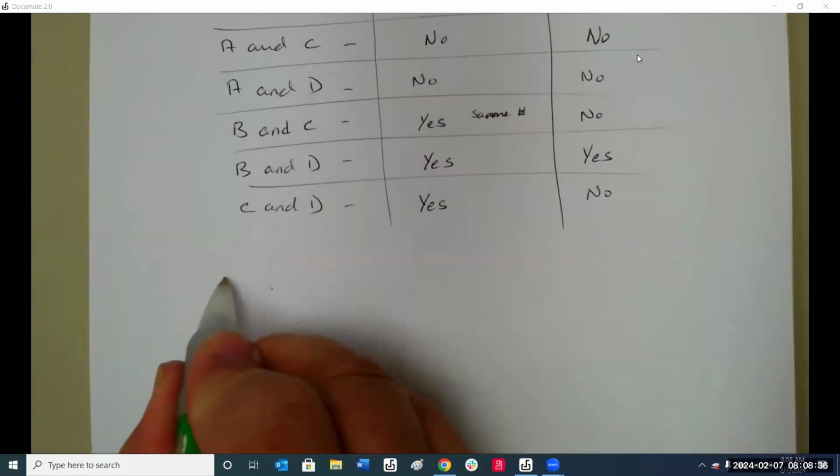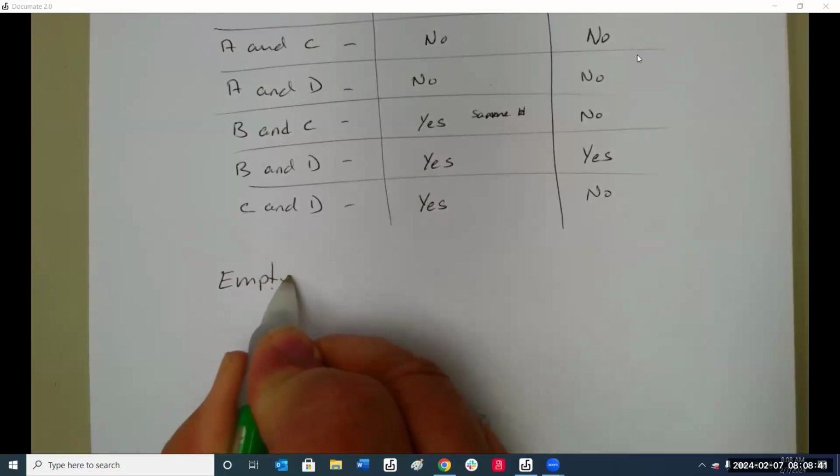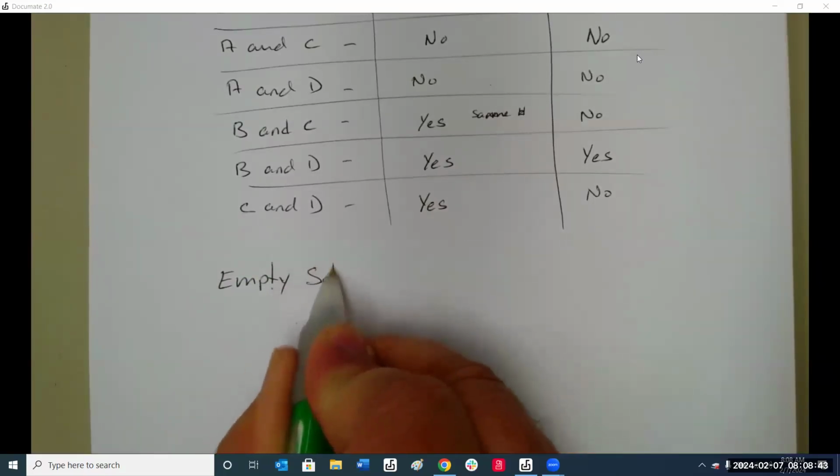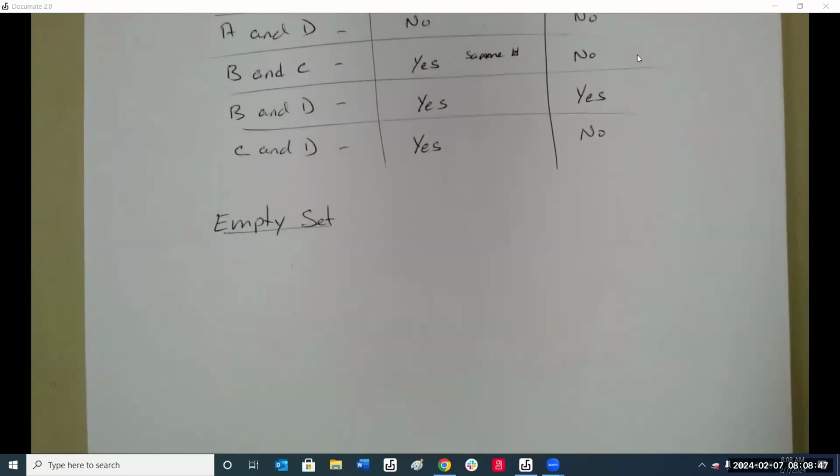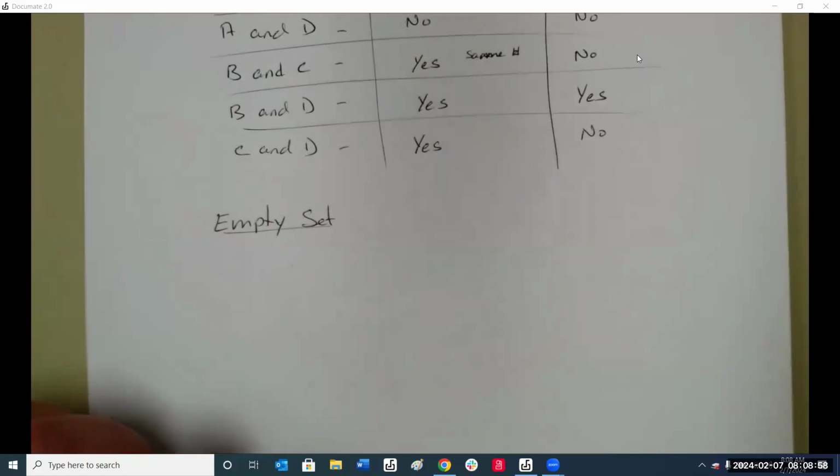The next thing we're going to talk about are what we call empty sets, or the empty set. What do you think an empty set is? Yes, that's exactly it.